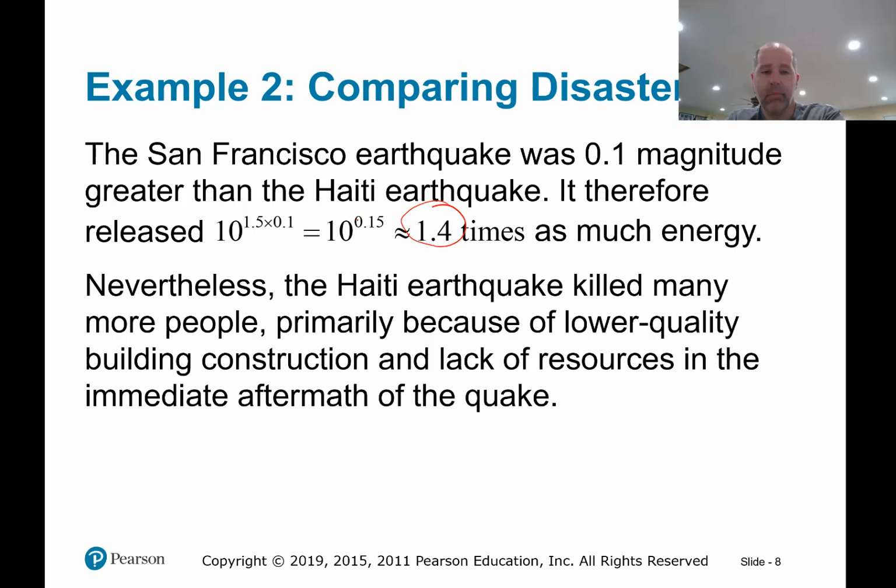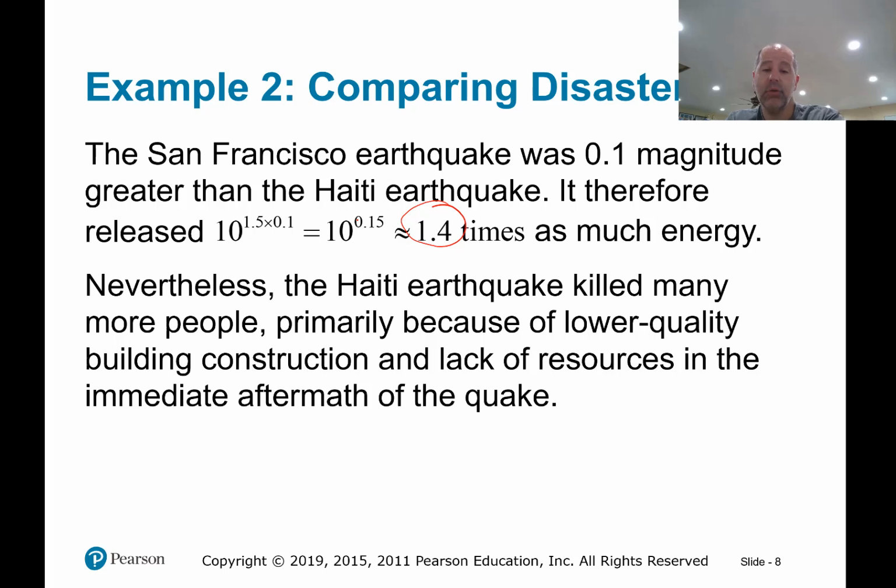So if you increase by a magnitude of 0.1, then that's going to be 1.4 times as much energy as 0.1 before that. Which is not that much, but nevertheless.